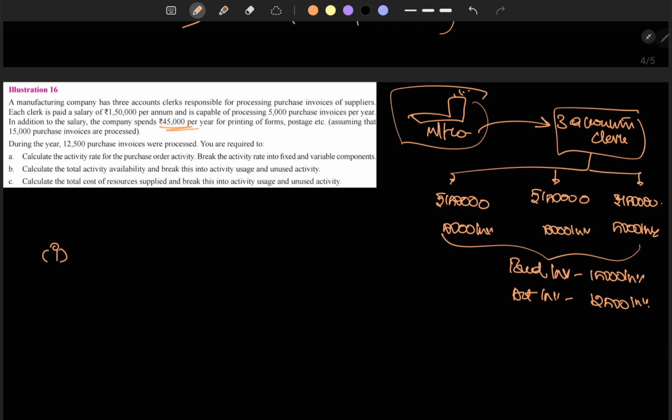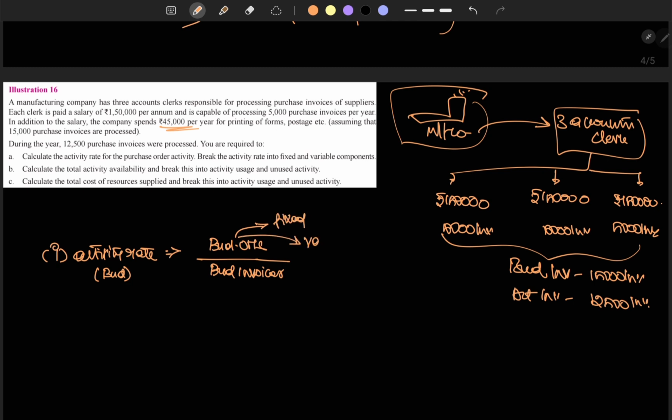What they have said is activity rate. In general, activity rate is based on the budgeted invoices and budgeted overheads. They are saying break the activity into fixed and variable.